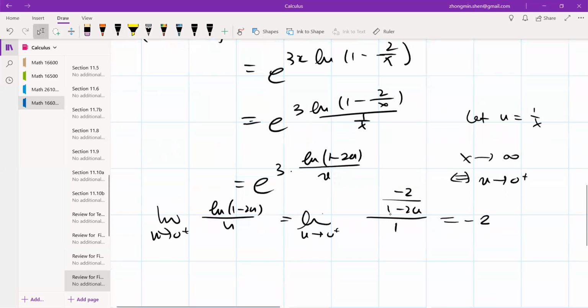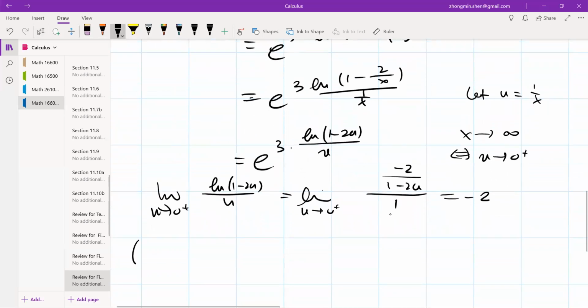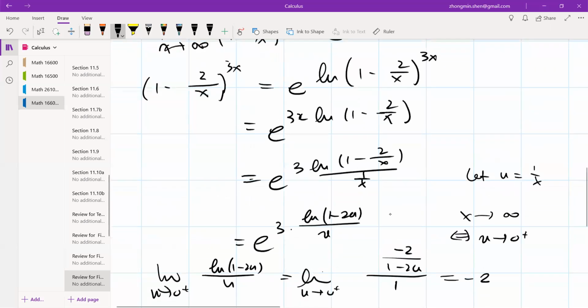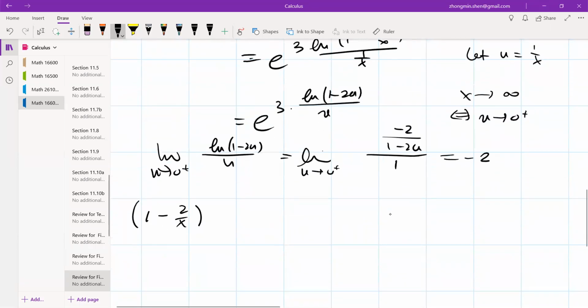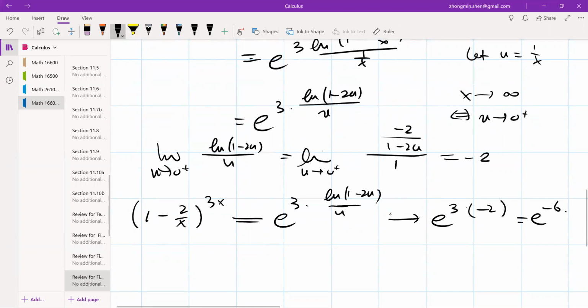So the final answer here is 1 minus 2 over x, to the 3x. Let me copy this. This approaches e to the 3, and the limit is negative 2. So the answer is e to the negative 6.